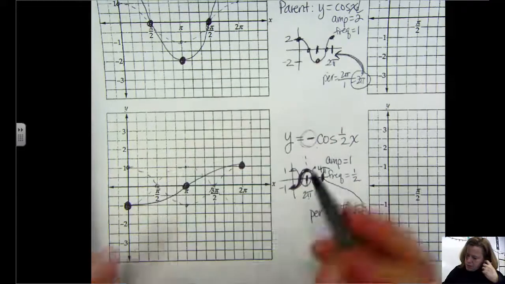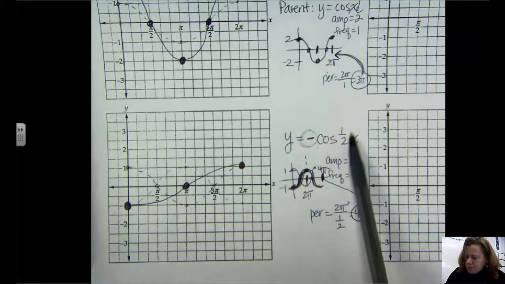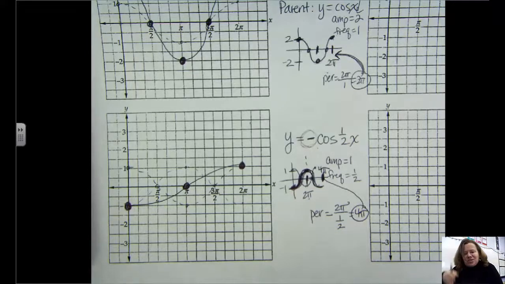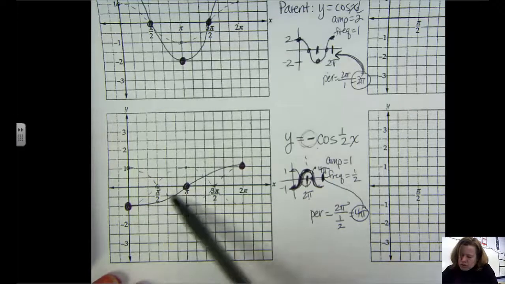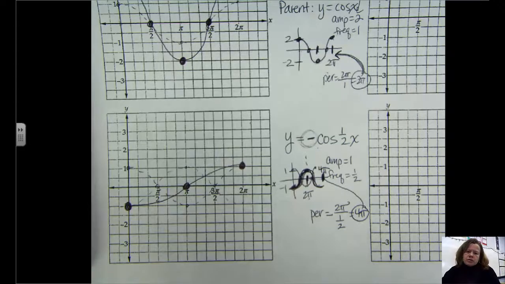But then I needed to stretch it. I have this frequency, which means it's a slower song. Frequency is smaller. So I have to stretch my horizontal distance out, which is a new thing for transformations. We never dealt with the horizontal stretches before, and we only do that with our trig graphs.